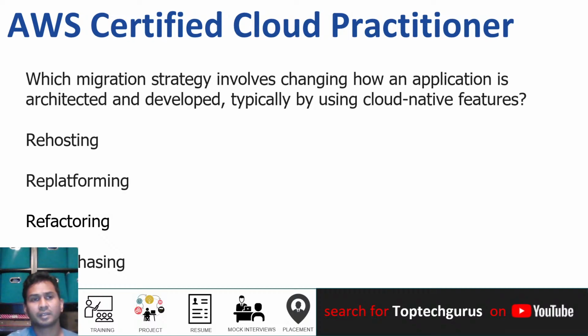Rehosting is where whatever you're hosting on-prem, you don't rewrite the application or do any kind of rework, you just host the whole infrastructure over on AWS. Replatforming is where you take the code and move it into AWS without rewriting it.